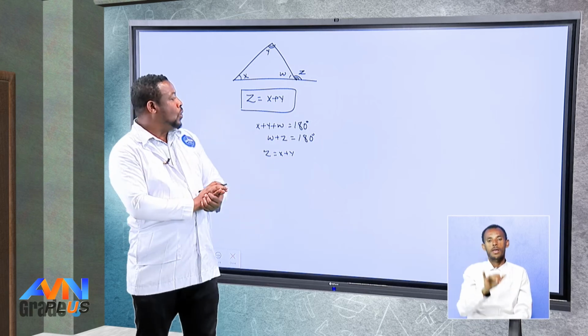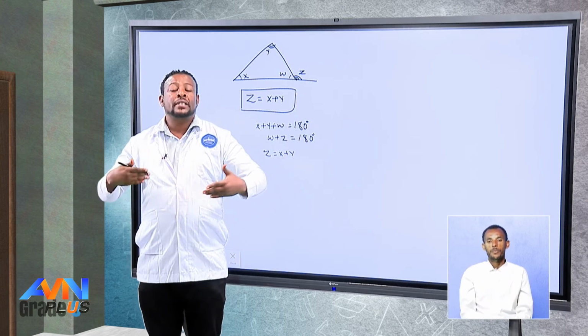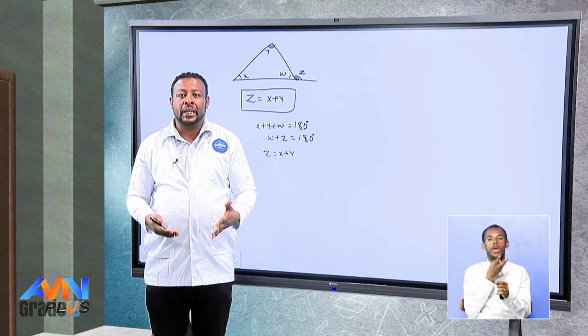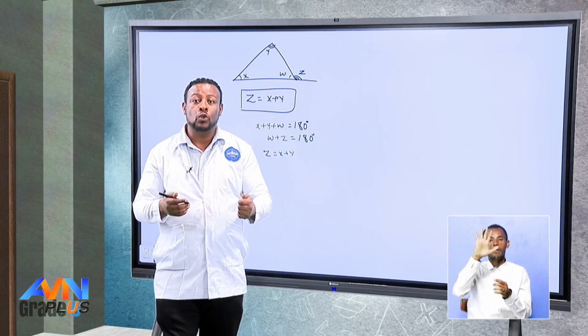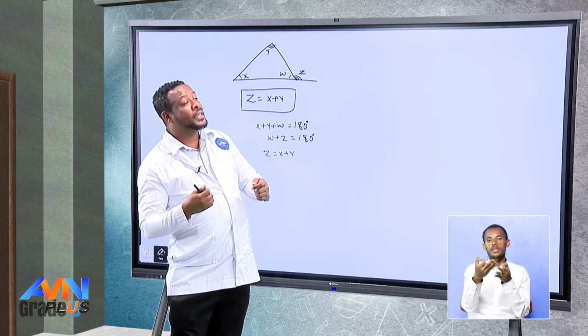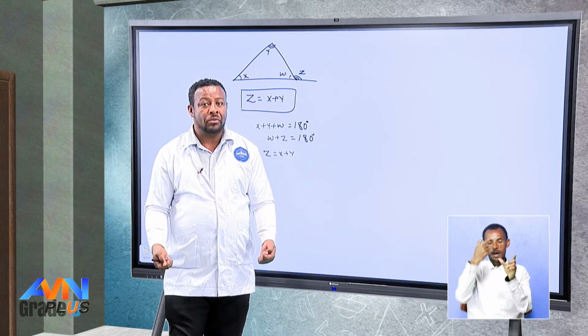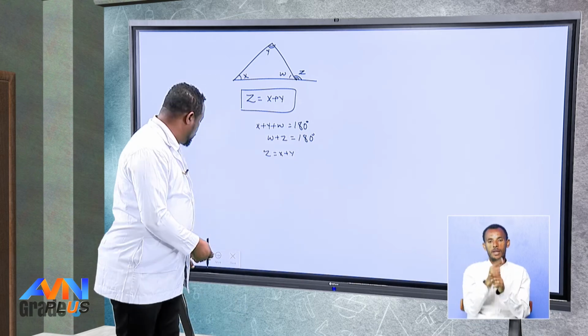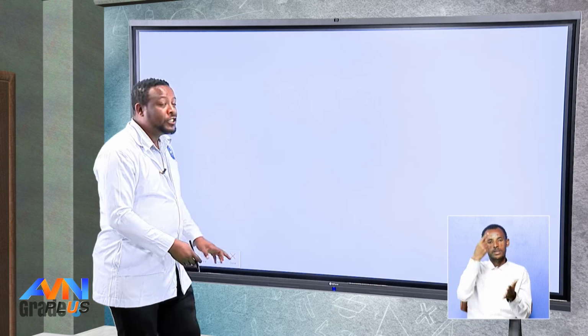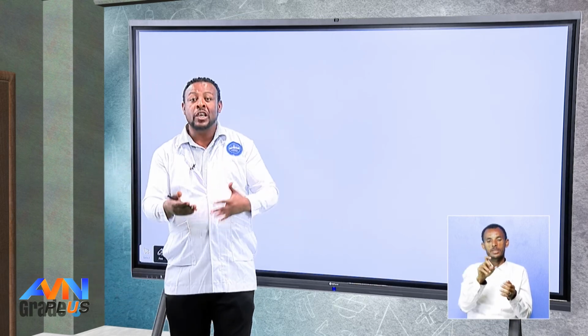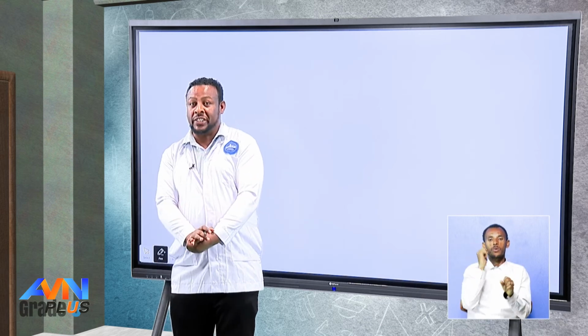So this is how we proved theorem 5.2, which deals with the exterior angle theorem. Based on this theorem, I asked you certain questions to practice it. Hopefully you did those questions.